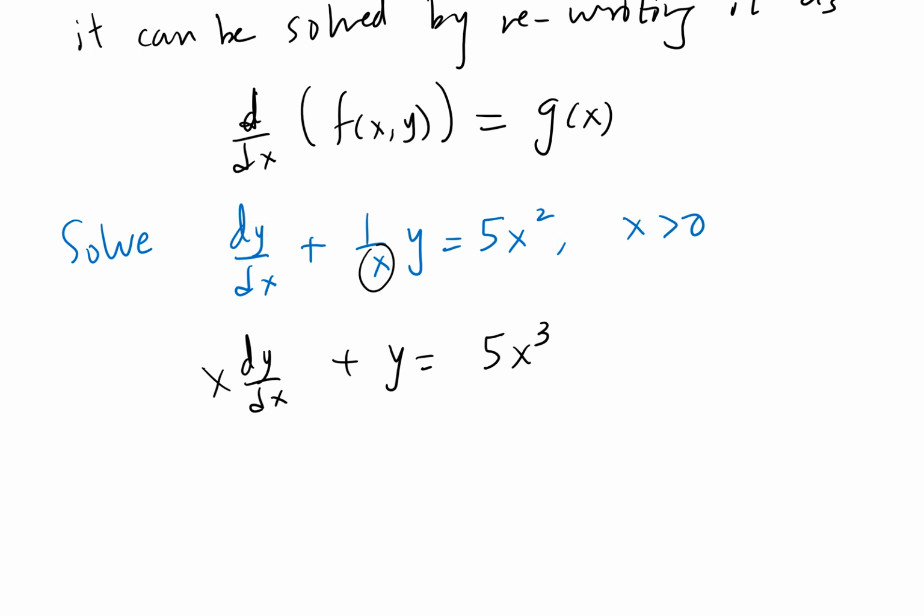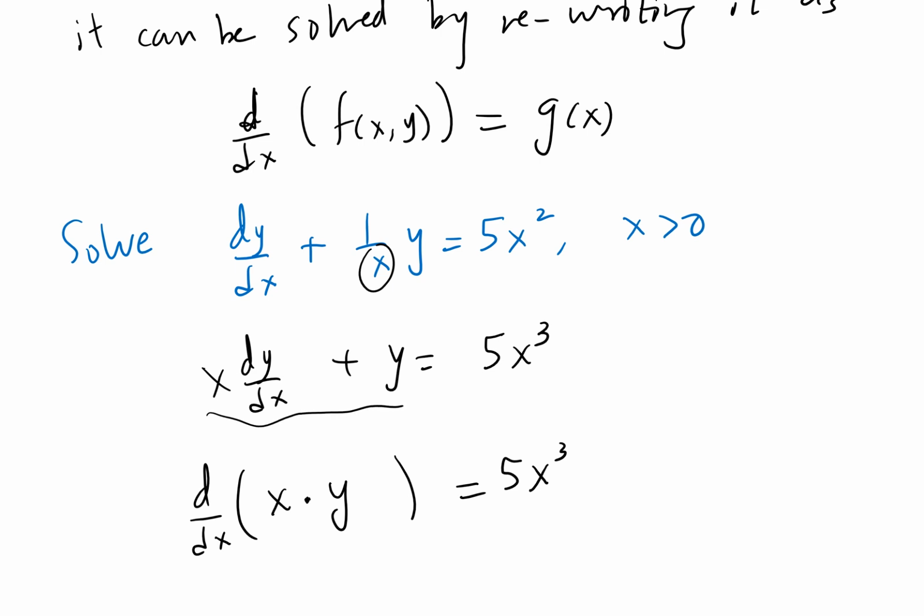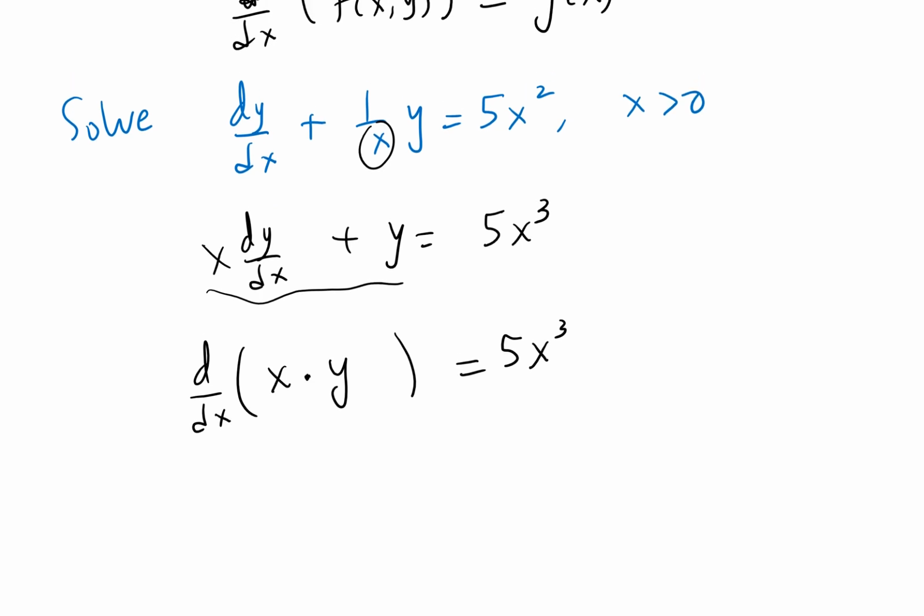Then by guess and check, we need a function. If we differentiate, it gives me the left-hand side of the last equation. What would that be? Well, they have x in the front and no x later, so there's an x times y. See, by the product rule, you will get this part. For now, by guess and check, that's what I'm doing.